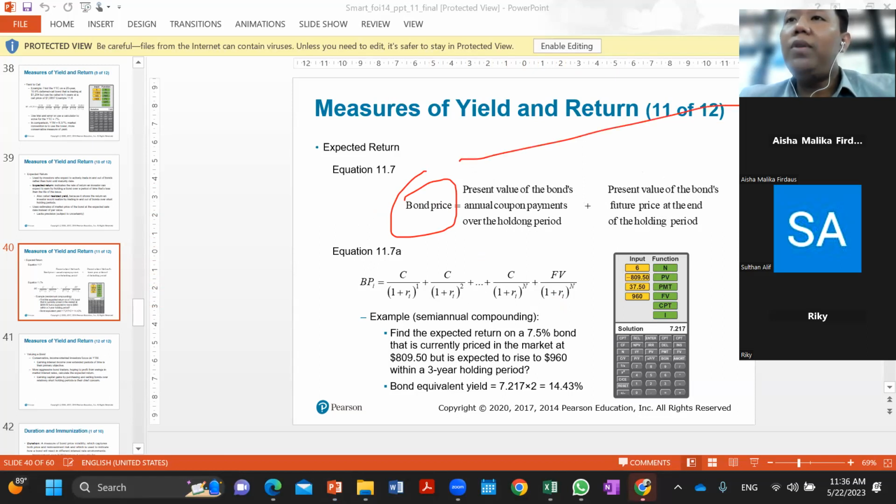This is the basic formula for calculating the bond price. Let's give an example here. Find the expected return on a 7.5% bond that is currently priced in the market at 809.5, but is expected to rise to 960 within a 3-year holding period.